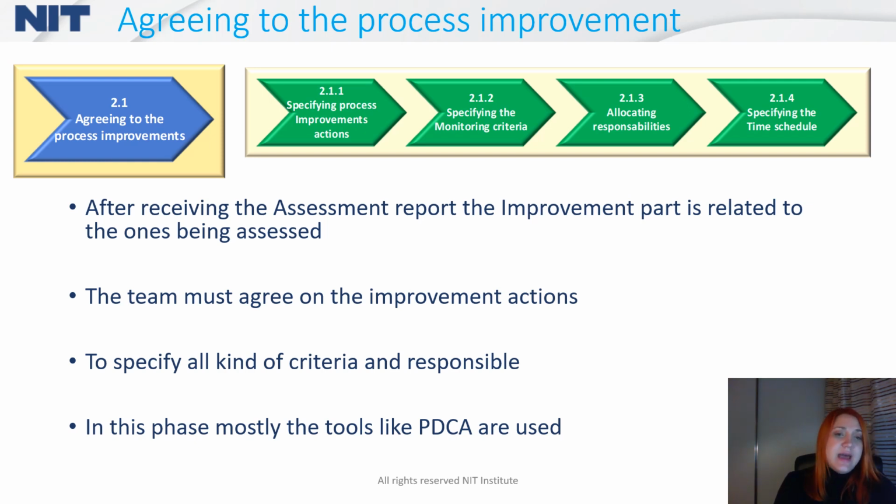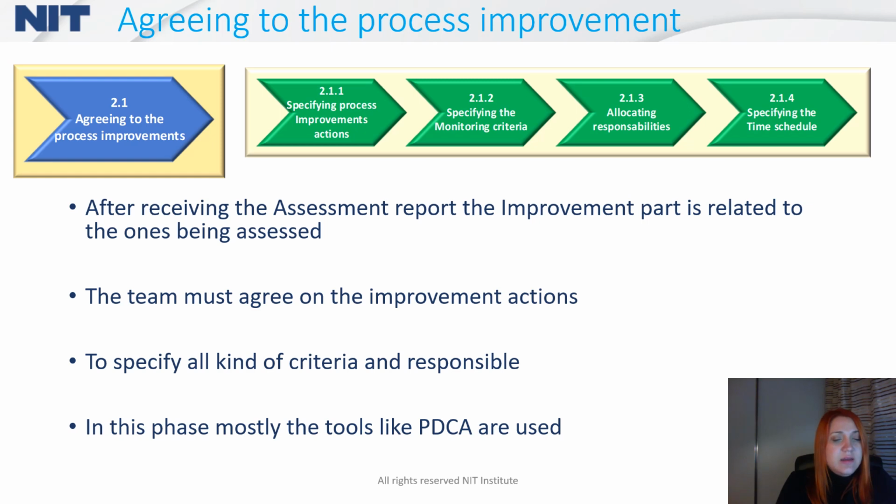As I already said, after receiving the assessment report, the improvement part is now related to the one being assessed. There is no connection with the assessor or with any third party body.